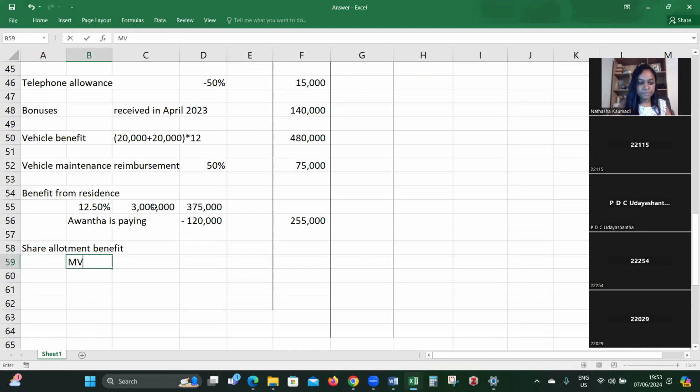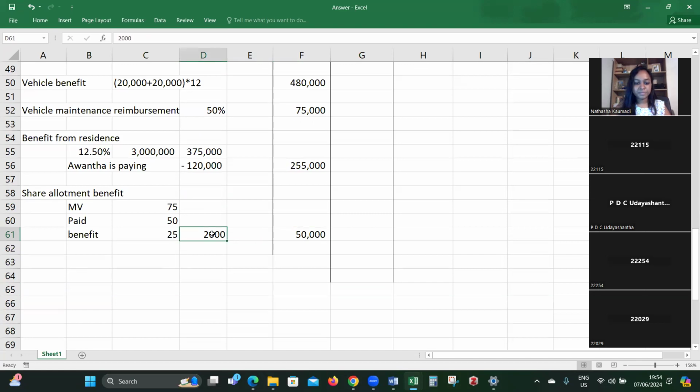So the market value per share is 75 rupees, but Avanta paid only 50 rupees. There's a benefit. Benefit is 25 rupees. How many shares do we have? 2,000 shares. So the benefit is 2,000 shares multiplied by 25 rupees, 50,000 rupees.